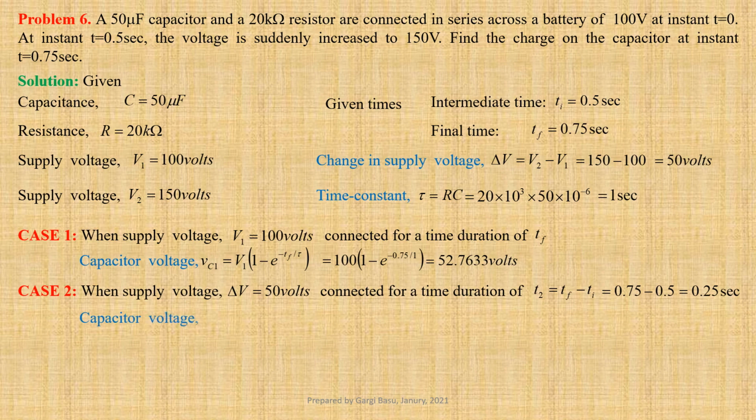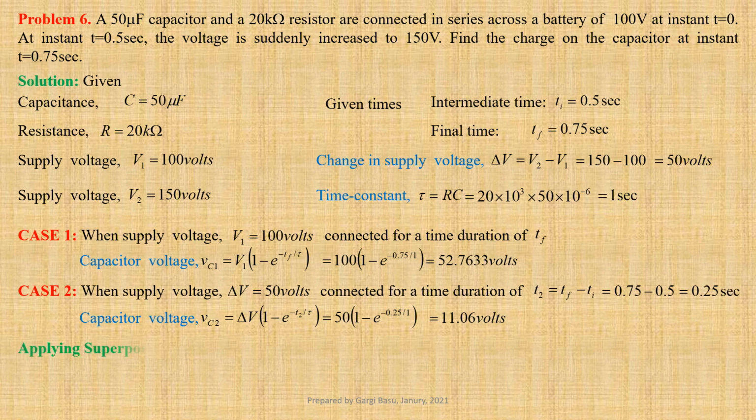Capacitor voltage Vc2 equals delta V into 1 minus e to the power minus T2 by tau, that is equal to 50 into 1 minus e to the power minus 0.25 by 1, that is equal to 11.06 volts.